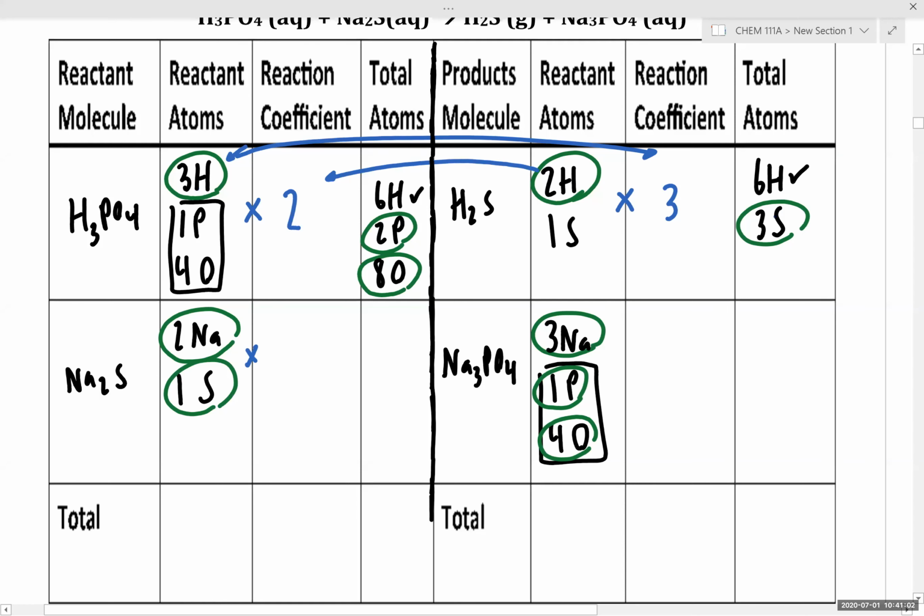So I have 3 sulfurs on the right. So 1 times what would give me 3 sulfurs? What coefficient do I plug in for sodium sulfide?